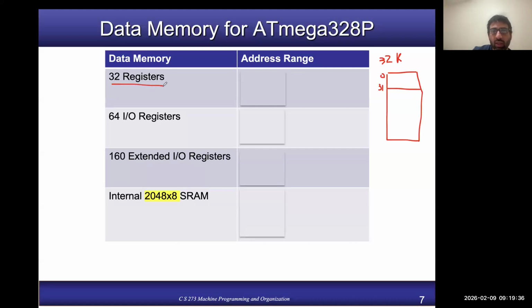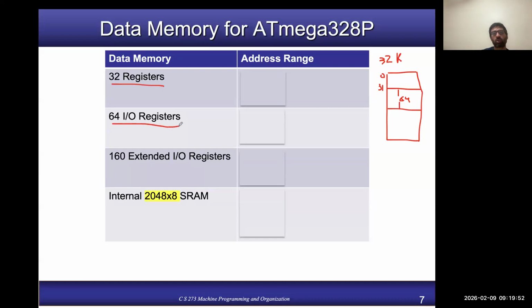Next 64 locations, I'm just writing here 64, okay? The next 64 addresses point to the 64 IO registers.